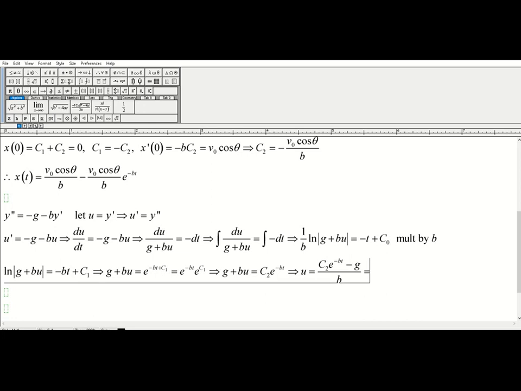When I divide the two, I get a new constant. I'm going to name it C3. And then I've got e to the minus bt. But now I have negative g over b. That is a constant, but don't do it, right? We can compute that. Okay, so cool, we got that.